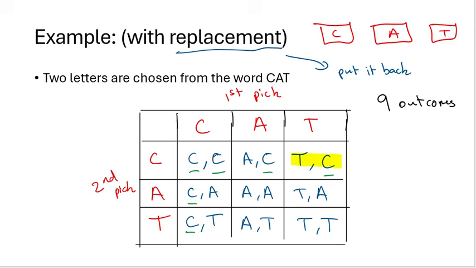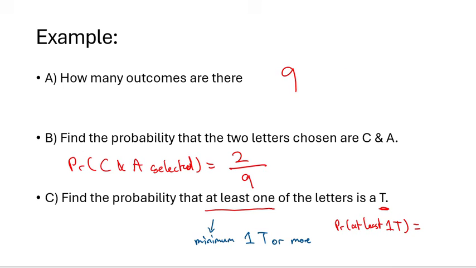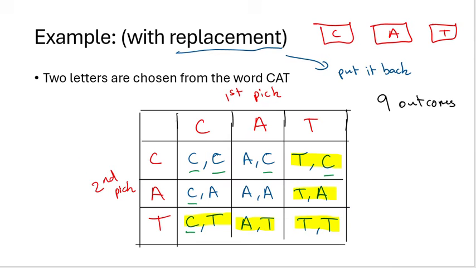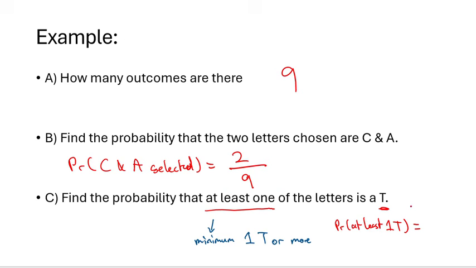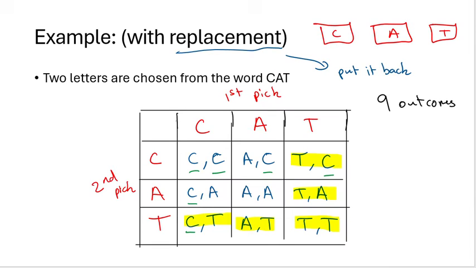I've got 1, 2, 3, 4, and 5, because the question's saying at least, meaning a minimum of 1 T or more than 1 T. Since I've counted 5, the probability of at least 1 T is 5 over 9. And that's how it would go. I'm just going to erase this highlighted bit to make it easier. Just like that.